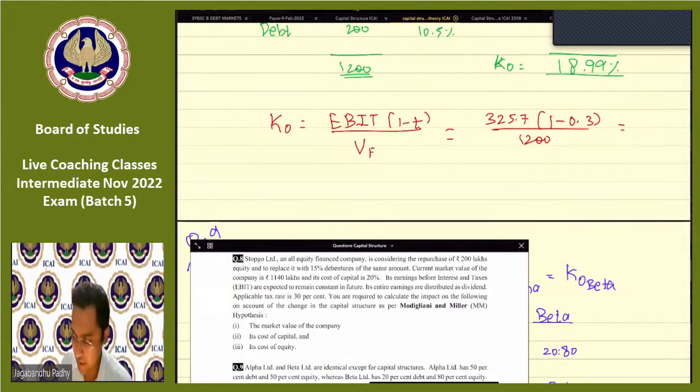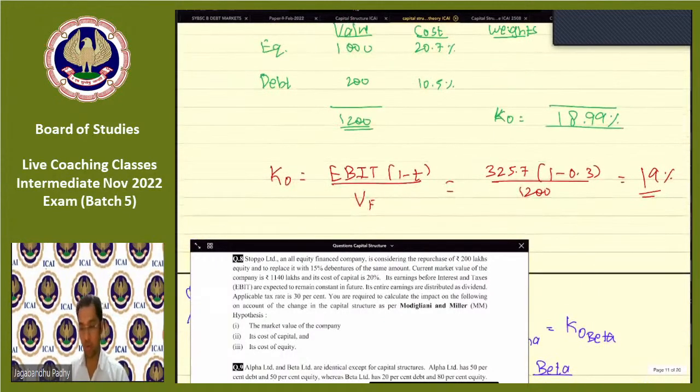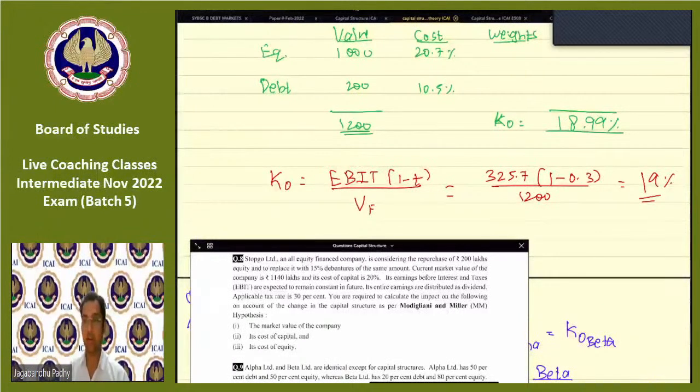See if you're getting almost the same 19% as the KO. Yep. You're getting this same answer. You can use the shortcut formula for KO also instead of doing it fully in the form of a weighted average.